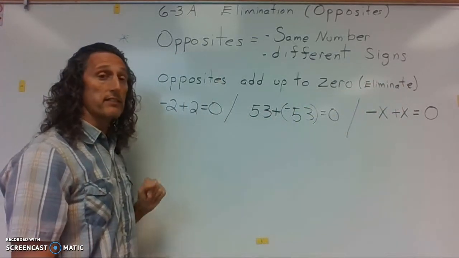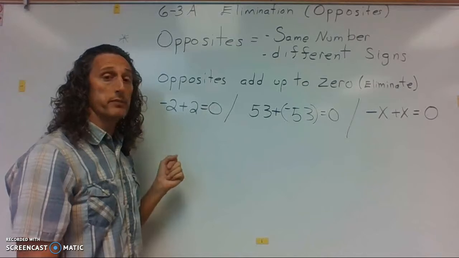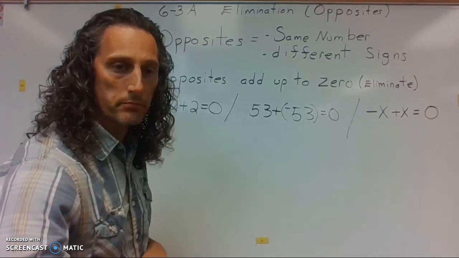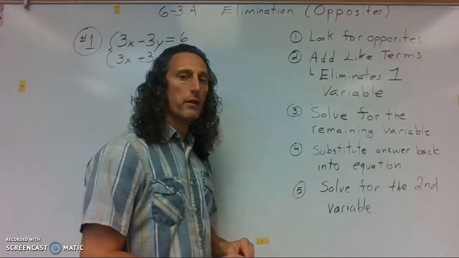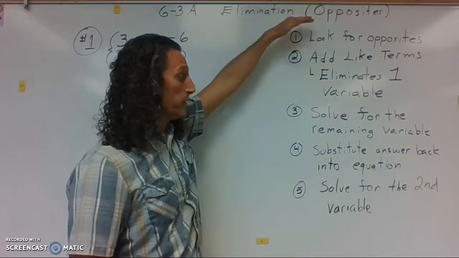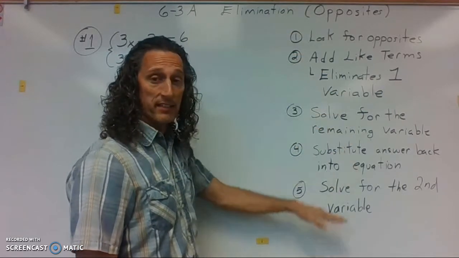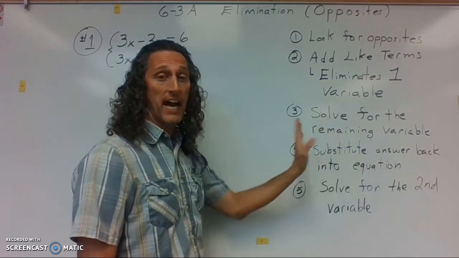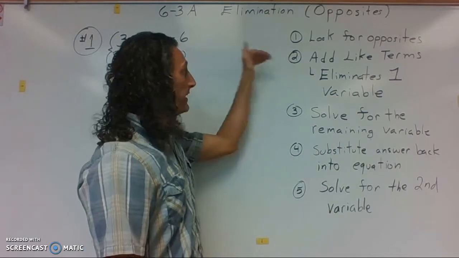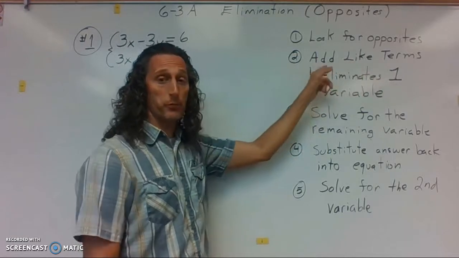So again, make sure that this is copied down. I'm going to put up some steps and our first example. I know it might be hard to read this, but that's on purpose. I first want you to write down these steps over to the side of your paper. Right? So number 1 is look for opposites. Number 2 is add like terms.